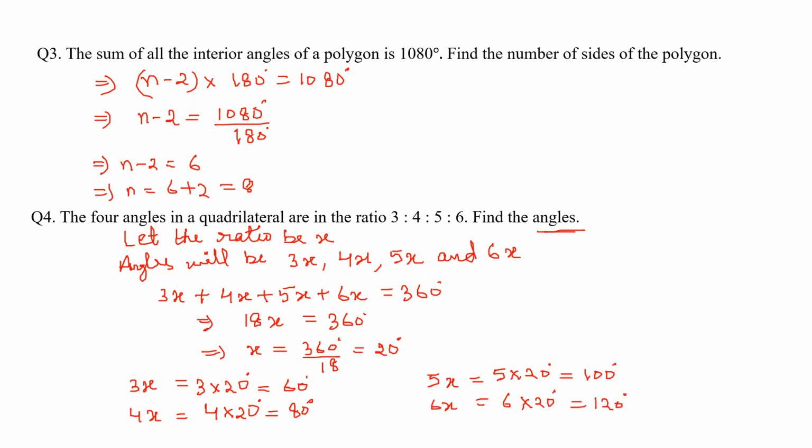So the angles are 60, 80, 100 and 120 degrees. As it is a quadrilateral, if you add 60 plus 80 plus 100 plus 120 degrees, you should get the sum as 360 degrees. If the sum is not coming as 360 degrees, it means you have made some calculation mistake, so you have to revisit your question and check where you made the mistake.